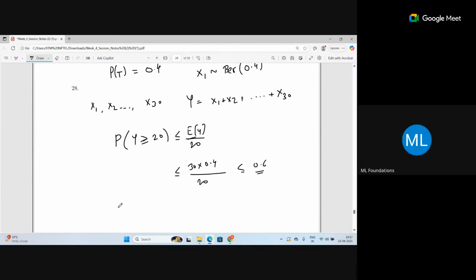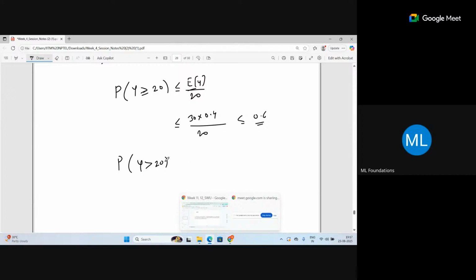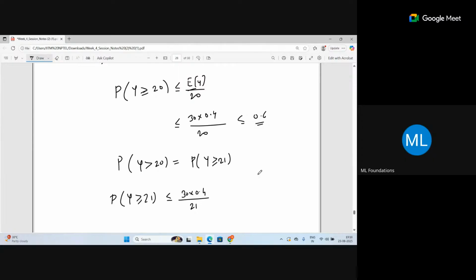So when I need to find the upper bound using Markov inequality, this is exactly the probability of Y greater than or equal to 21, and I apply the Markov inequality to this. The expectation of Y will again be 30 into 0.4, but your c will change to 21, and that way the probability will change, right?